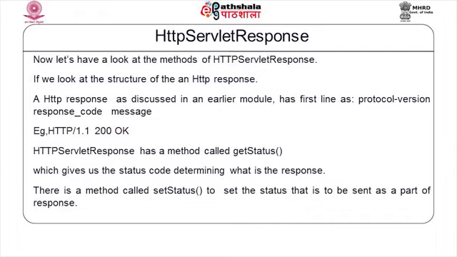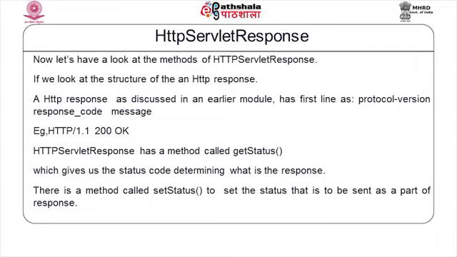If you look at the response, what was the structure of the response? First was the protocol. What was the second field in the first line of the HTTP response? That was the 3-digit response code.